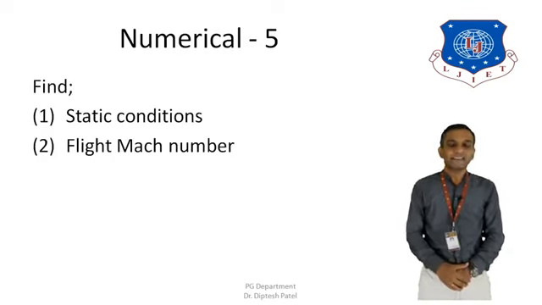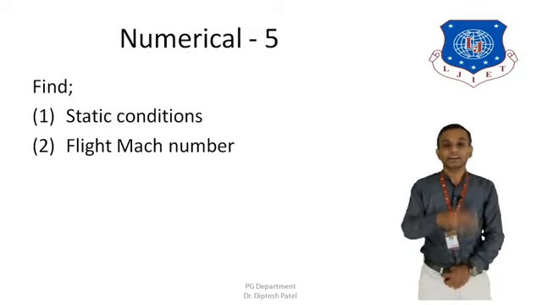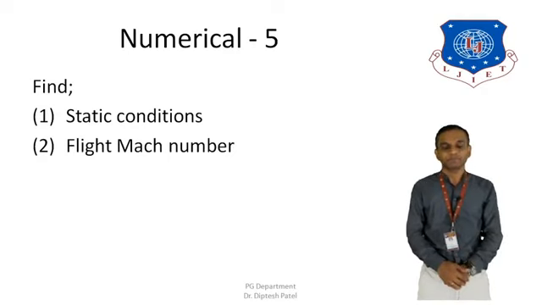The first thing is the static conditions, and the second one is the flight Mach number. So in static conditions we need to calculate the static pressure and static temperature both. So this is the first finding, in which we need to calculate static pressure and static temperature, and the second one is flight Mach number. Okay, so M is what we need to find.